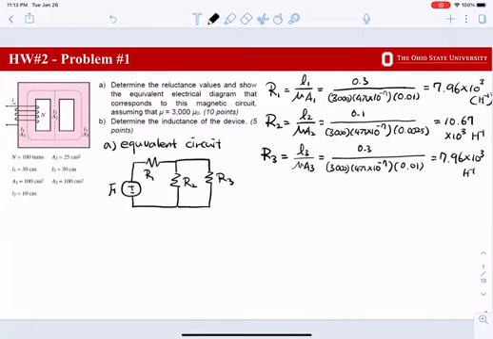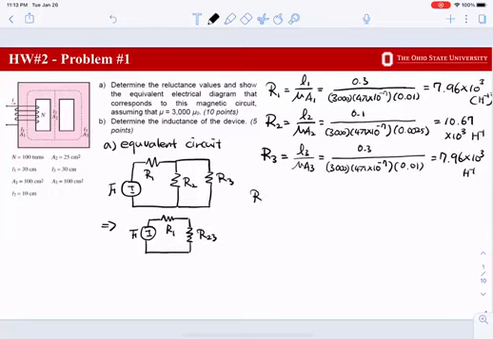So what is the total reluctance? To get the total reluctance, you can get this equivalent circuit. This is reluctance 1. This is reluctance 2, 3.